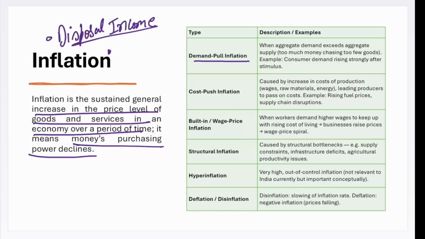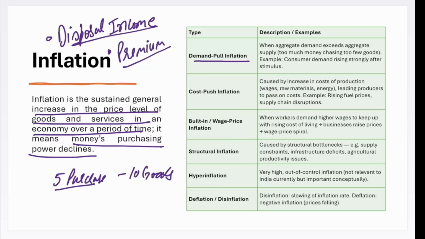So this is when we say a premium is being attached to it. First let me give an example: suppose five people were there to purchase and there were 10 goods available. So there were five purchase requirements and 10 goods. Demand was five and there was a supply of 10.